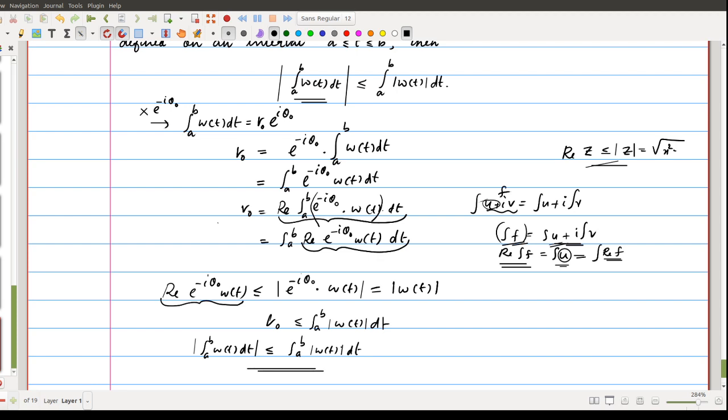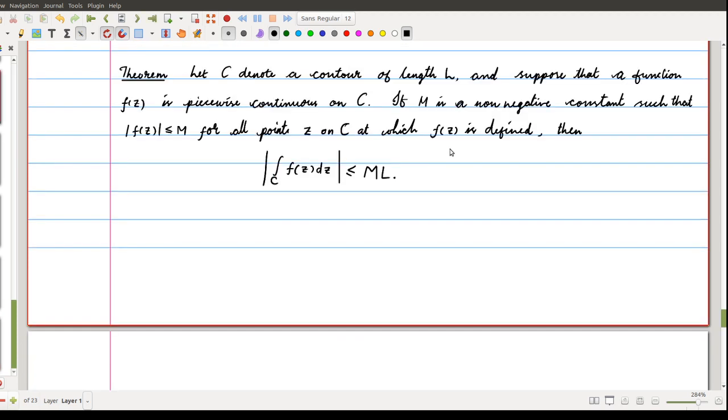Using this lemma, we will find an upper bound for contour integrals as well. Now we prove this theorem. Let C denote a contour of length L. We already discussed what L is.